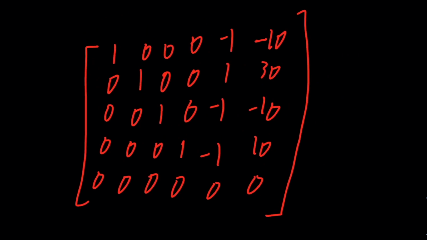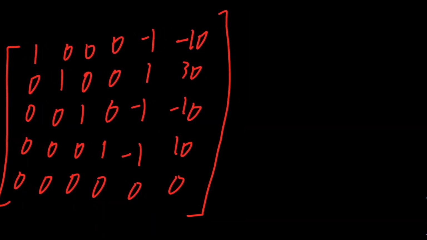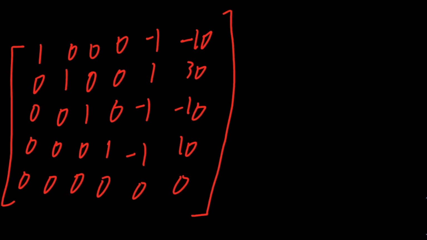If you were given this matrix after applying Gauss-Jordan elimination, what would the equations look like? So, we know that the last row wouldn't exist, so we would have 4 equations.